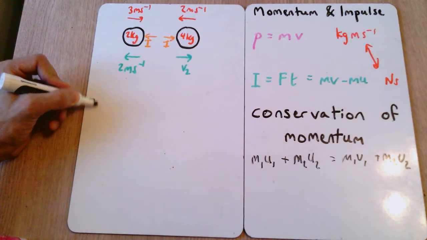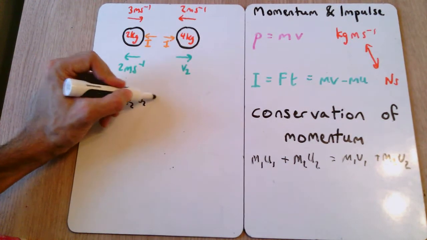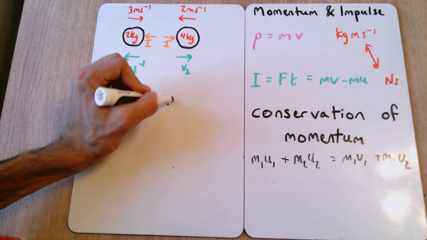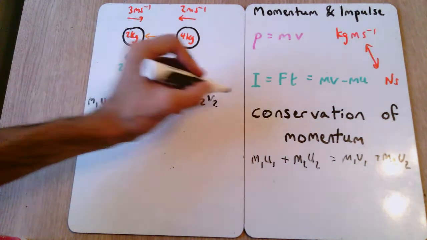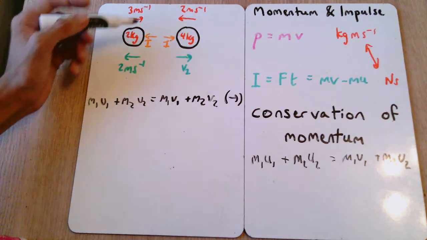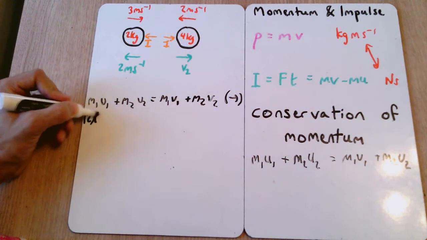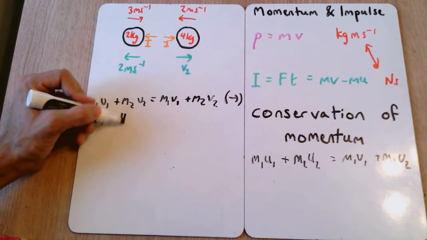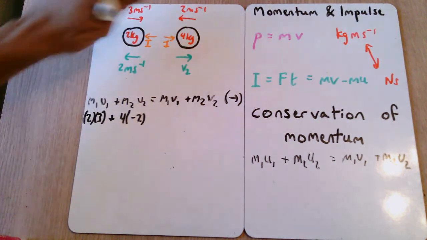But we can say m1 u1 plus m2 u2 is equal to m1 v1 plus m2 v2, to the right. So over here, the mass for the first particle is 2 times 3, plus 4 times minus 2, because that velocity is to the left.